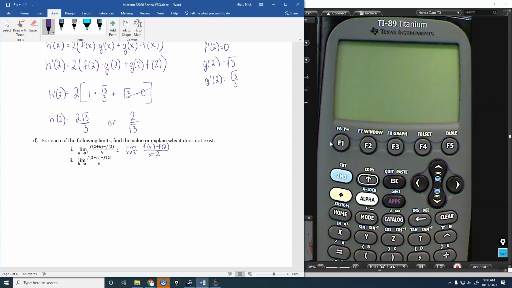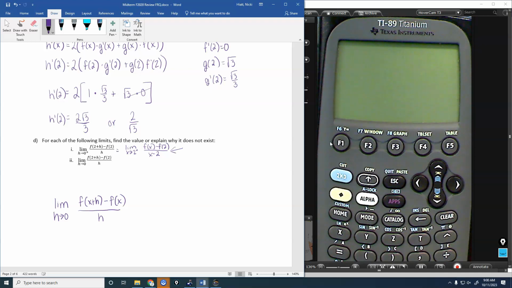Your limit definition of a derivative is the limit as h approaches 0 of f of x plus h minus f of x all over h. That's the one we see printed here. Or if it looked like this, it's the one you saw yesterday.